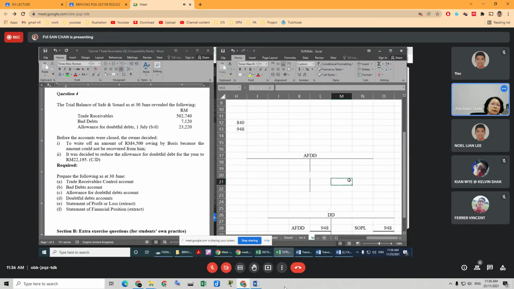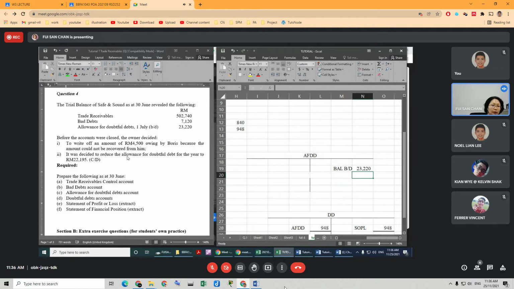Do you have a balance for AFDD? Yeah, here. So you have an opening balance, right? So debit or credit? Oh, credit. Yes. So 23,220. Now you look at number 2. What does it mean?